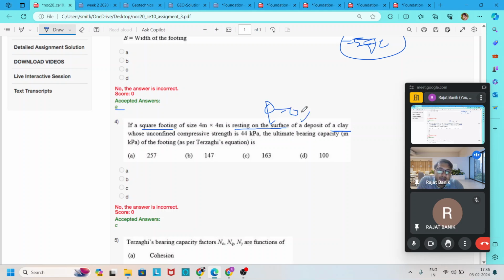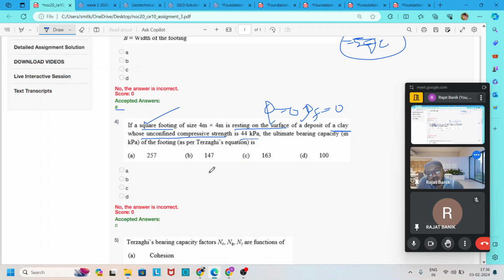Resting on the surface means Df also becomes 0. Then it is given that the unconfined compressive strength is 44 kPa, and we need to find the ultimate bearing capacity based on Terzaghi's formula for the square footing.